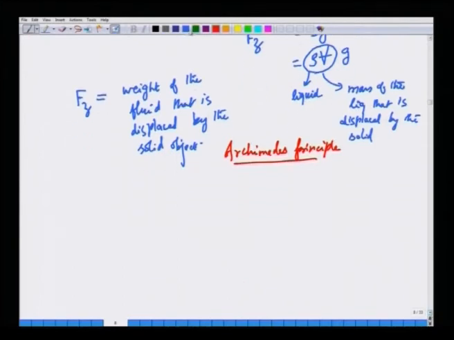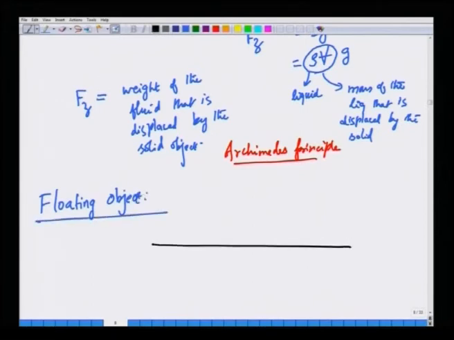Suppose you have a floating object, an object that is partially submerged. So, this is the atmosphere, air at atmospheric pressure, and this is liquid. Only this part is submerged.